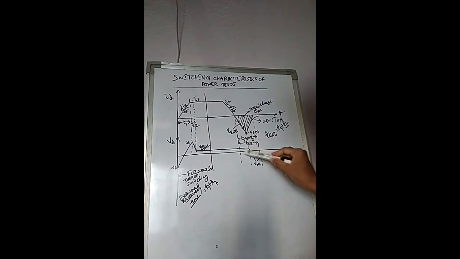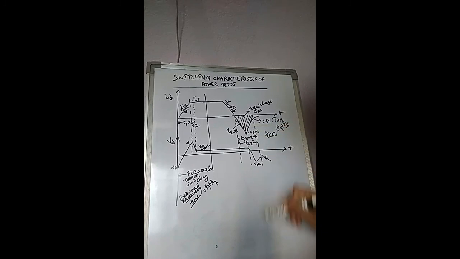So during the reverse recovery time you can understand the current and voltage characteristics. The reverse recovery time consists of two times, t4 and t5. t4 is the time between the zero crossing of the forward current and the peak reverse current, IRM. During time t5, the charge stored in the depletion region is removed.